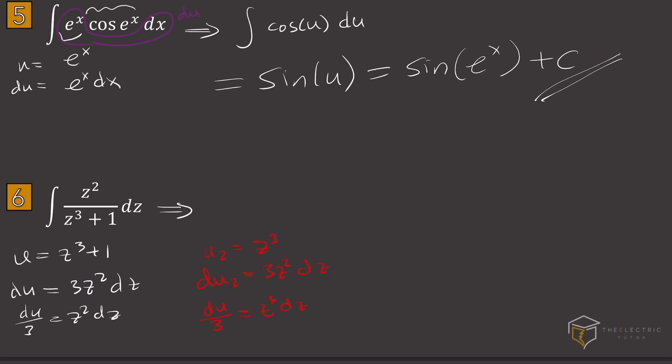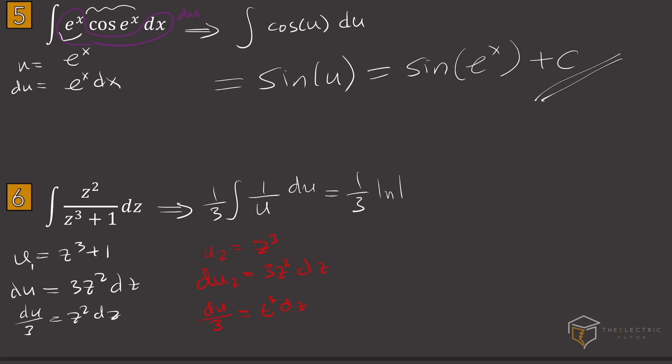So let me actually go ahead and solve it both ways and see what happens. So for the first one, let's call it u1, I'm going to have 1/3 integral of z squared dz, that's just du over 3, right? I already have the 3 here, so a du, and then 1 over u. And how easy is that, right?